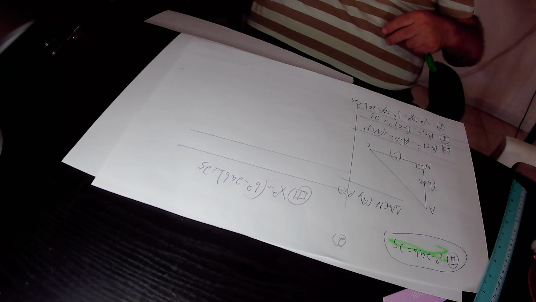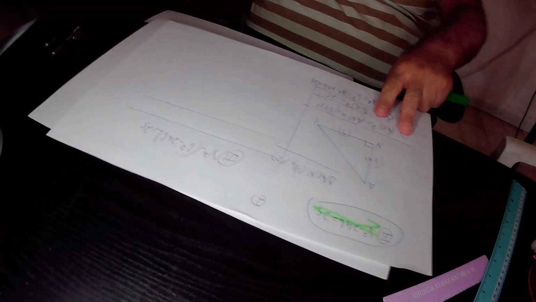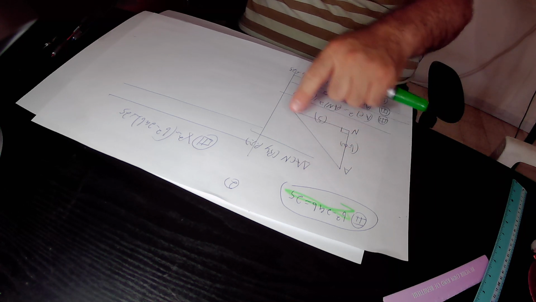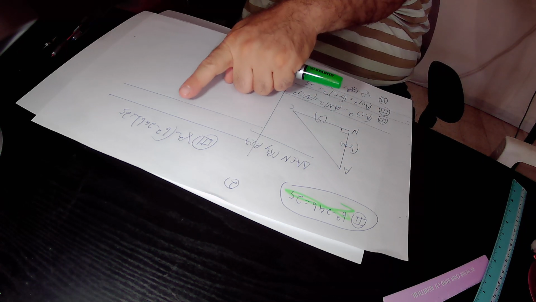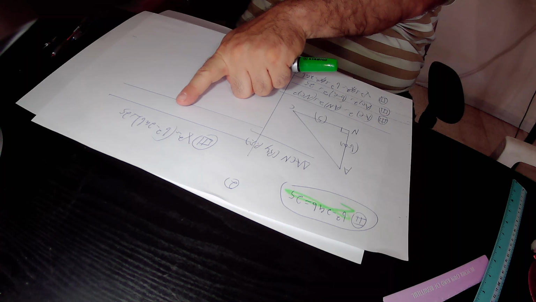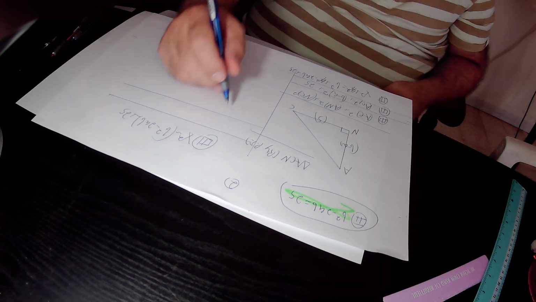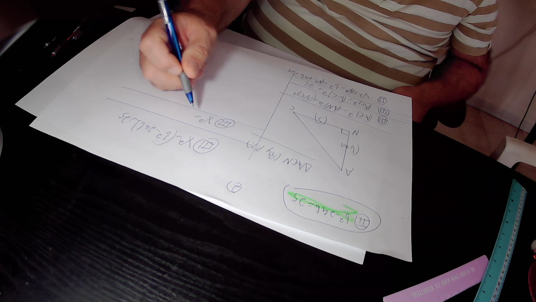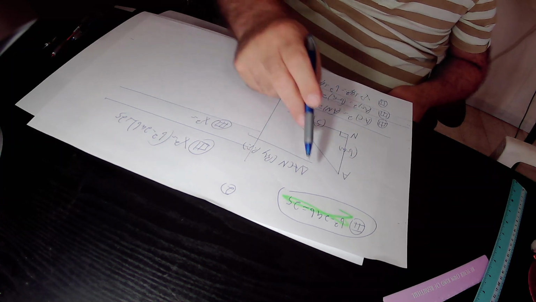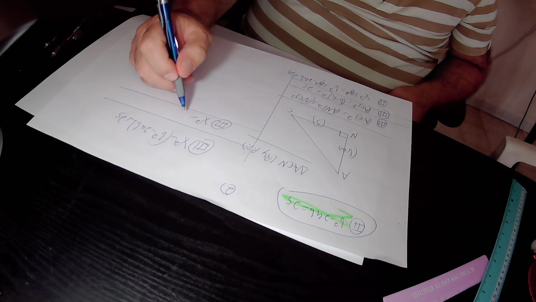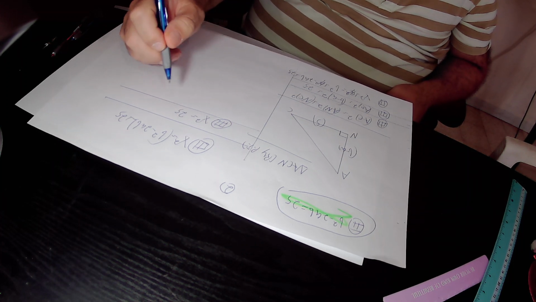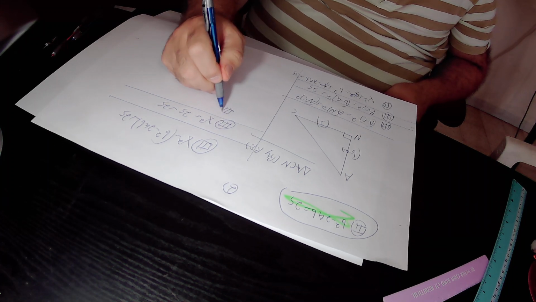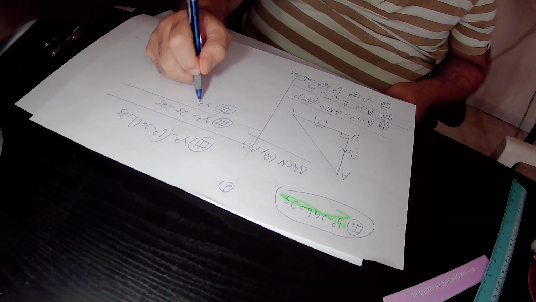But according to equation 2, we found that B squared minus 2AB equals 25. Therefore, we substitute B squared minus 2AB in this equation by 25, and we get that X squared in total equals 25 plus 25, that is 50.